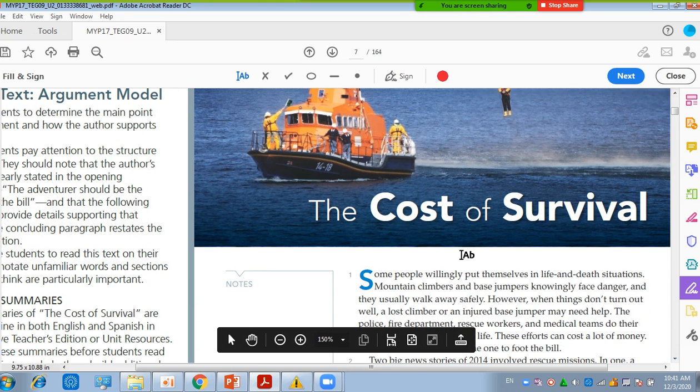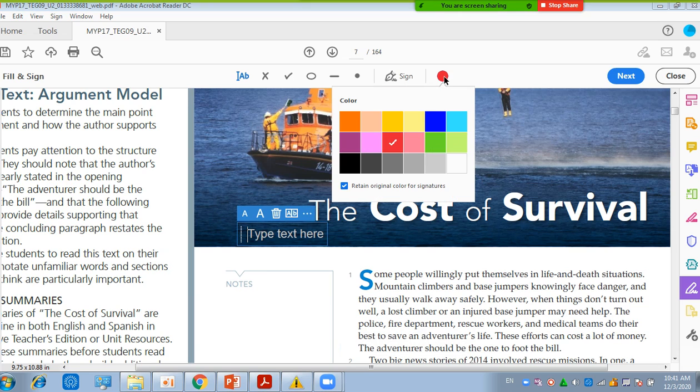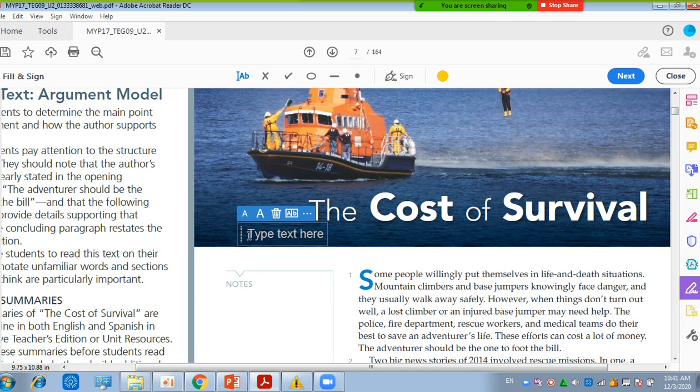The cost of survival, the meaning of the word cost here. Yes, cost here means the price or the value that you are going to pay to stay alive, or the value of staying alive.